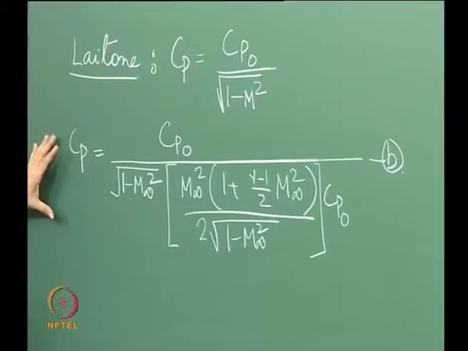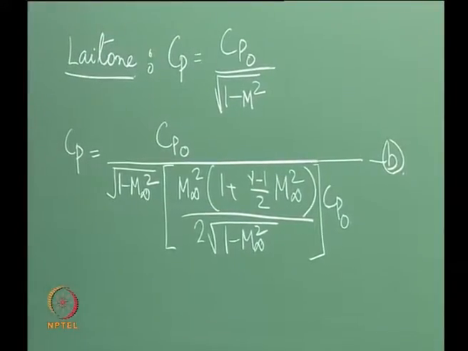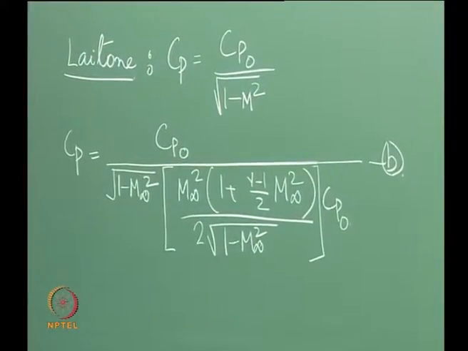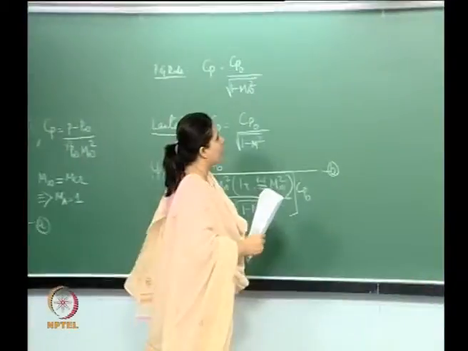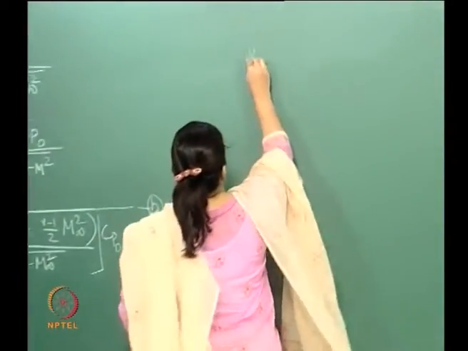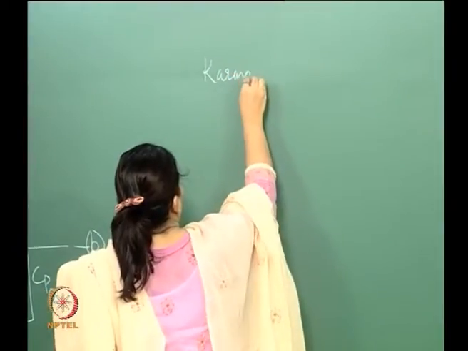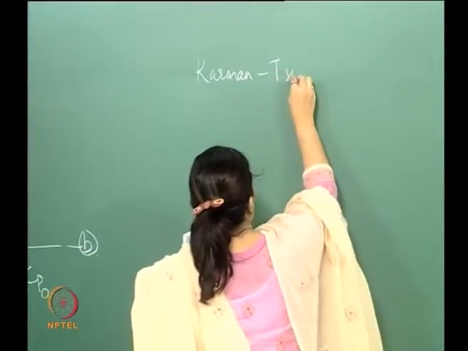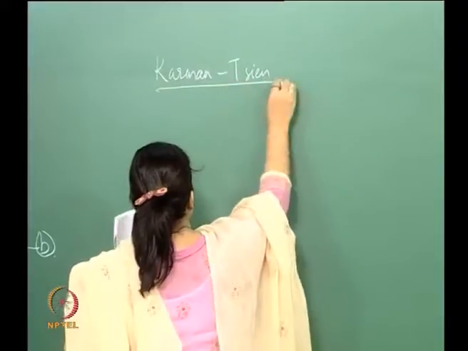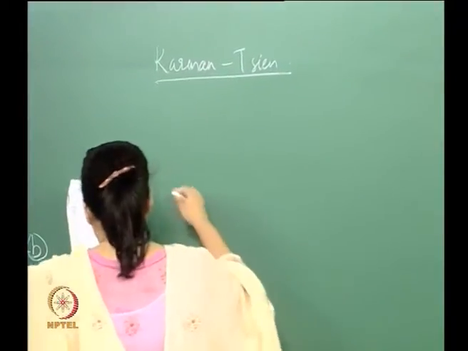So, this is the correction which is suggested by Lighthill, and there is yet another one which is suggested by Karman and Tsien. So, let us see that. And that looks like this.